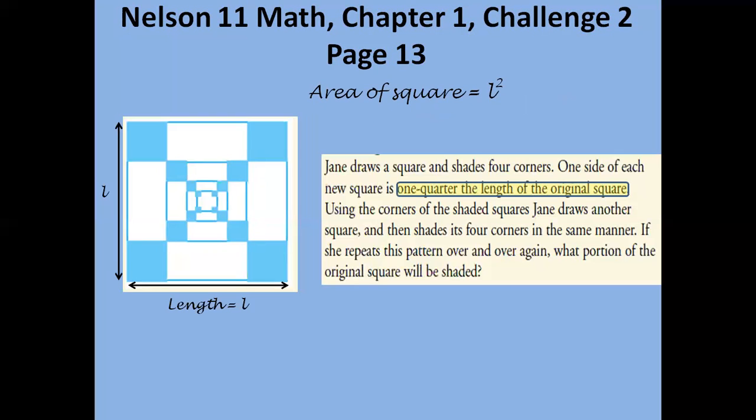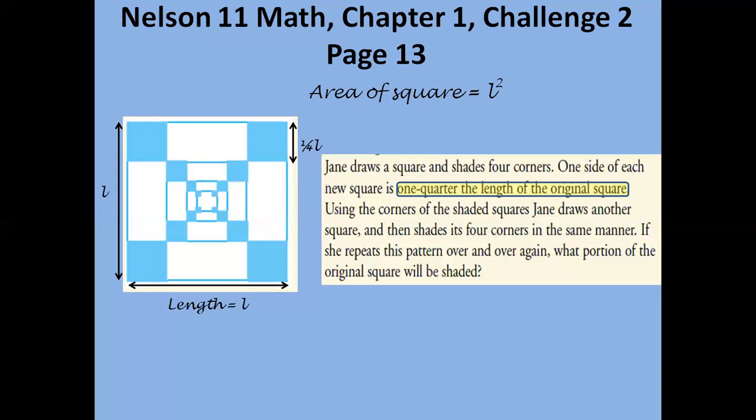Now let's read this line. It says one side of each new square is 1/4 the length of the original square. So what's this new square? This is the shaded portion.